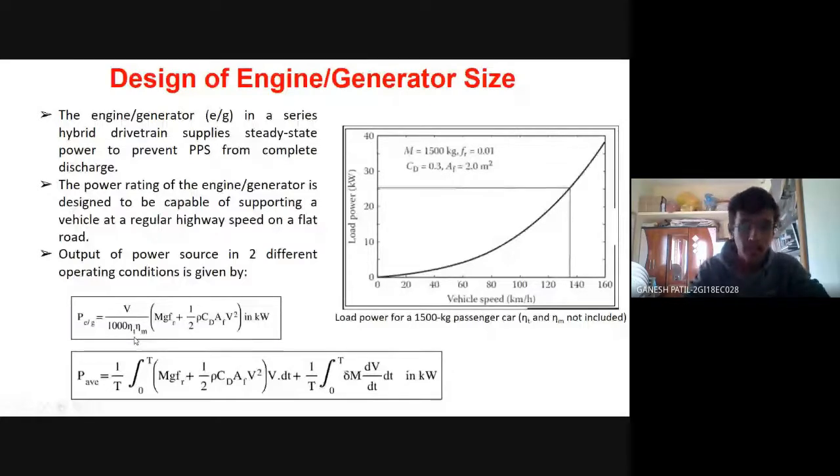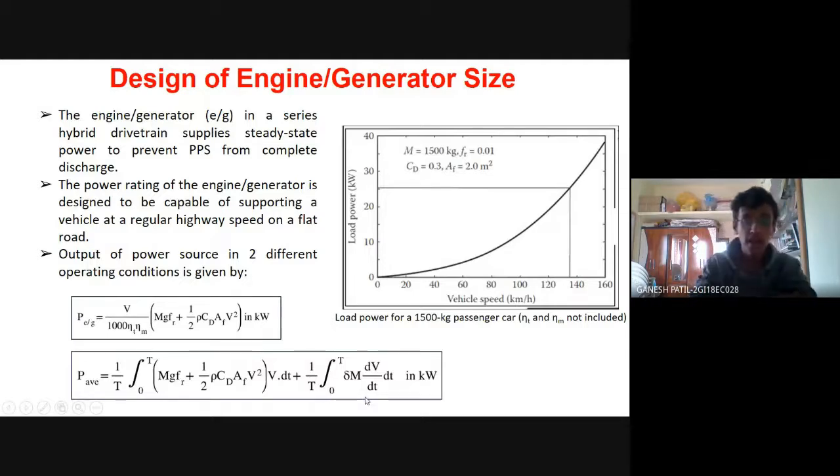So the first equation which we saw will be used when the vehicle will be traveling at constant speed. But in the second equation, we do the same thing, but we include one more element, that is the acceleration and deceleration factor. Because in roads where there is much traffic, the vehicle continuously needs to start and stop.